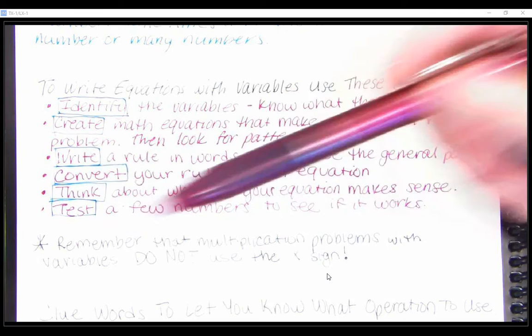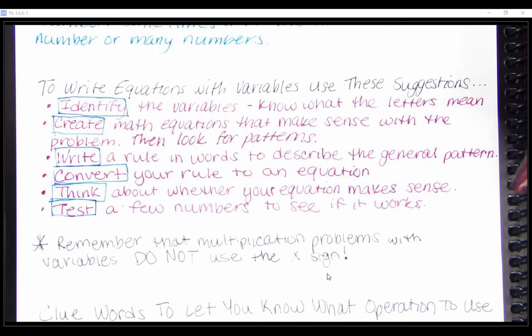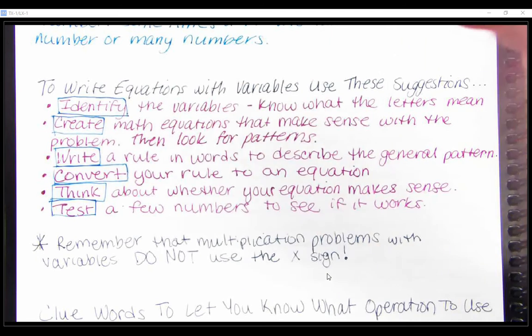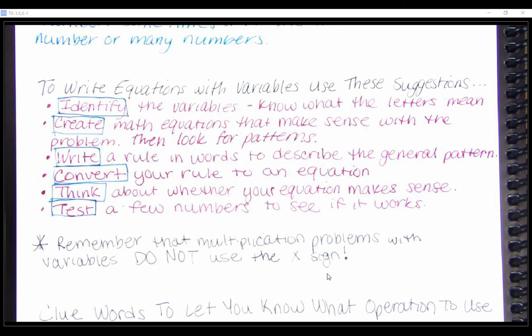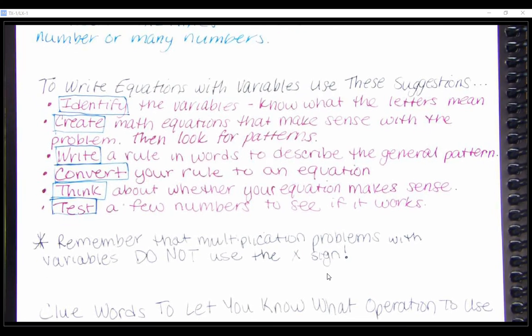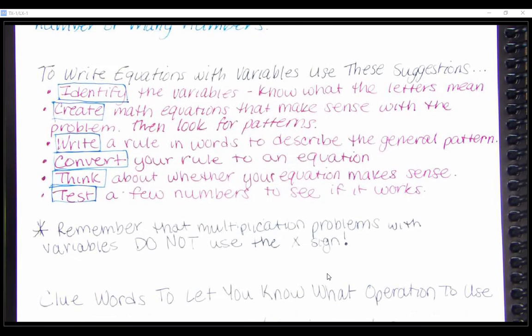And then that last step is to test. Test a few numbers with your equation to see if it works. If it doesn't work, you know you have the wrong equation. So these are broad rules to follow. We will be practicing a lot of this, so make sure that these stick in your mind, especially those last two, and that first one. I think all of them are important, but those three are my favorite.